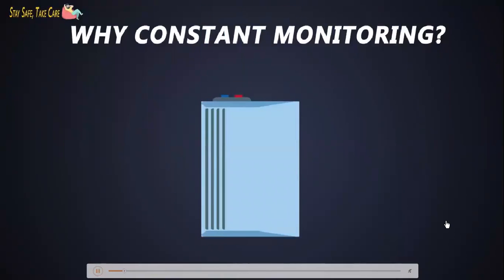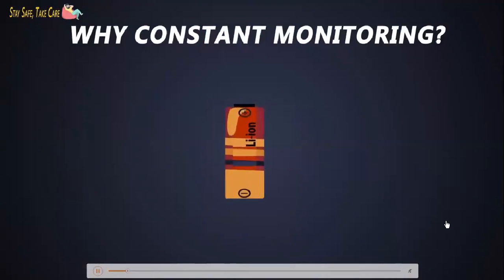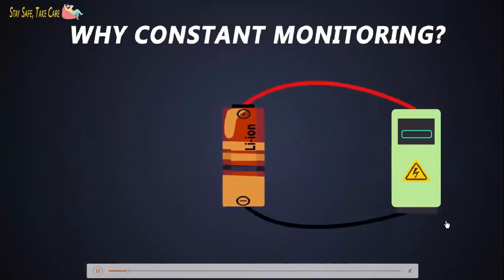These tiny cells are connected in parallel and series combination. These tiny cells are very dumb and highly unstable. The voltage across the cells has to be precisely monitored and balanced.